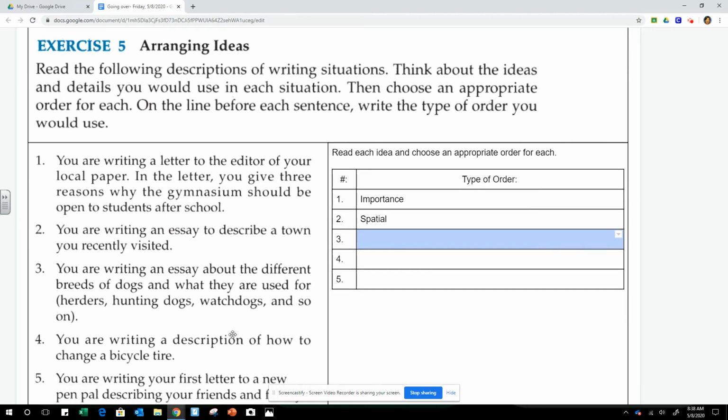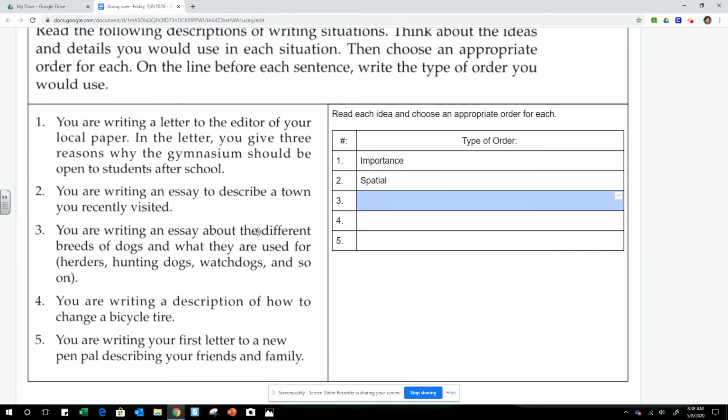Number three, you are writing an essay about the different breeds of dogs and what they are used for. Are they used as herders, hunting dogs, watchdogs, and so on? Oh, I get it. Okay, so we're looking at breeds of dogs, and then we're going to break them into smaller categories like herders. We're going to look at different types of dogs.